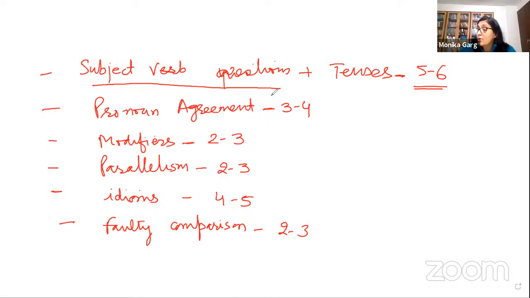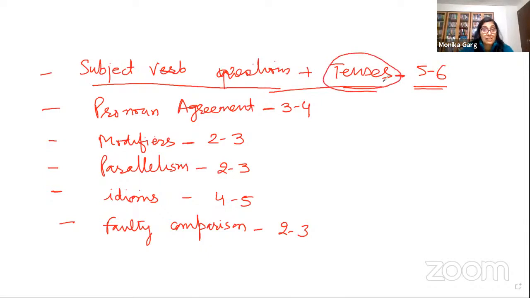Right, and then you also have a tenses element to it, as in, you know that you need a plural verb, but one option might have the verb in the past tense, other may have it in the present tense, or even when all are in present tense, one might be continuous, one might be perfect tense, one might be perfect continuous tense. So you need to figure out which tense is the right one to use there.